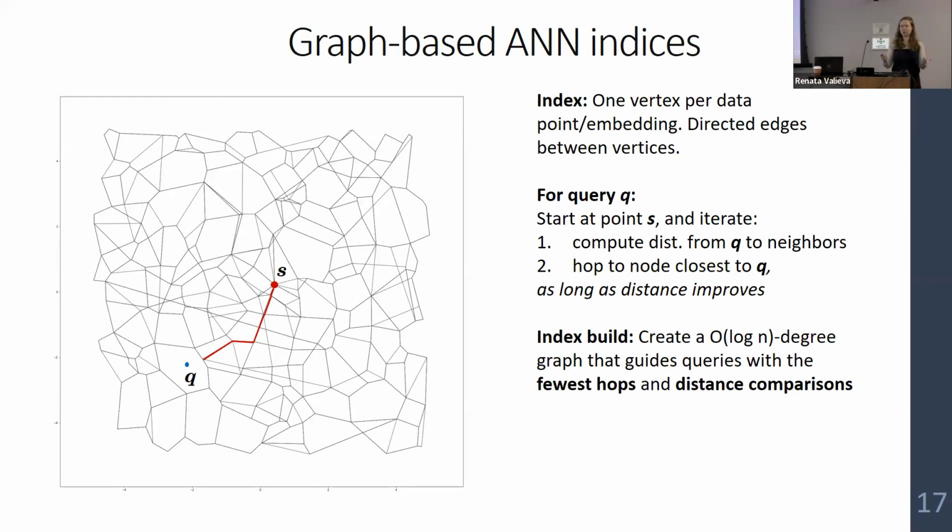We'll create an O of log n degree graph, and what we want the graph to be capable of doing is to guide queries with the fewest hops and the fewest possible distance comparisons. So, is this task clear to everybody? You want to design a graph such that this greedy search procedure is likely to give you the nearest neighbors.